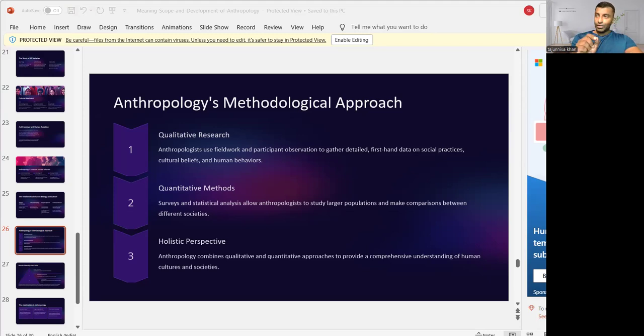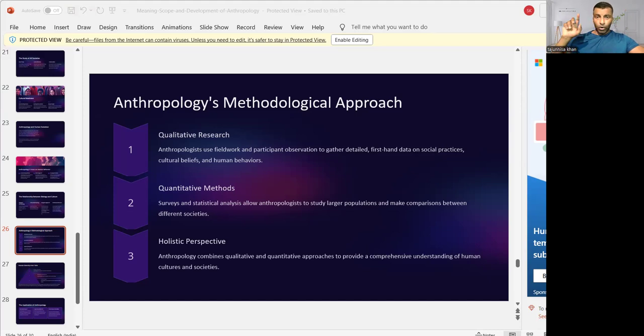For that, you cannot collect quantitative data, analyze it and come to an interpretation. Not possible. You need an immersive approach to understand that. This qualitative approach is often complemented by quantitative methods such as surveys and statistical analysis, which allow anthropologists to study larger populations and make comparisons between different societies. What is the difficulty with the qualitative approach?